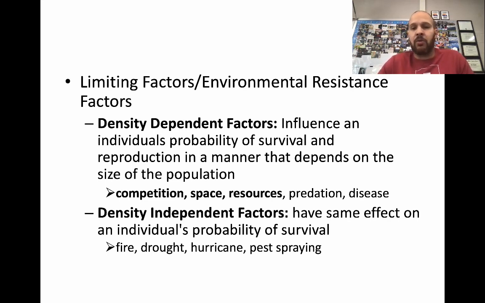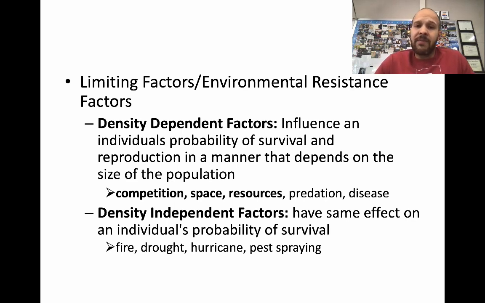Most of them include weather-related stuff. So if you see something density independent, it's usually weather-related. So like a drought or a hurricane, fire, pest spraying. But on the test and on the AP test, you can generally easily pick out density independent factors by just looking for which ones are related to weather.